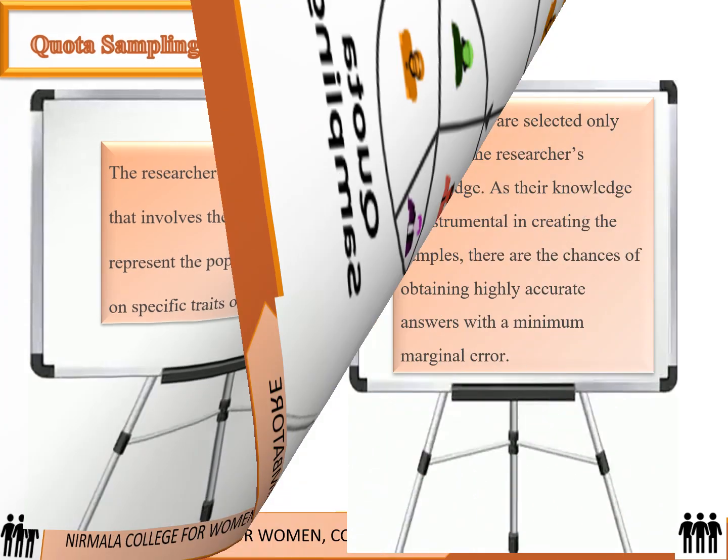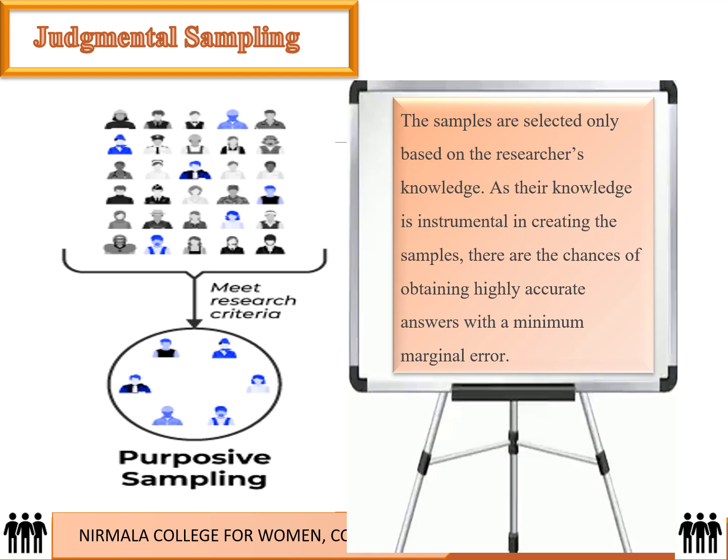So next method is purposive or judgmental sampling. In this method of sampling, the samples are selected only based on the researcher's knowledge. As their knowledge is instrumental in creating the samples, there are chances of obtaining highly accurate answers with a minimum marginal error. So it is also known as judgmental sampling or authoritative sampling.